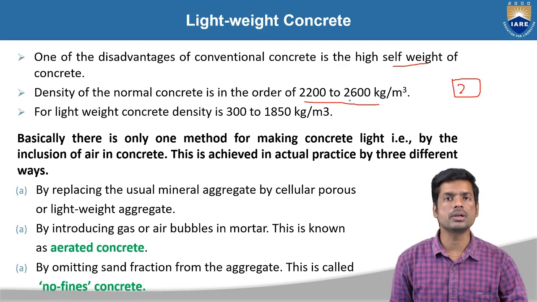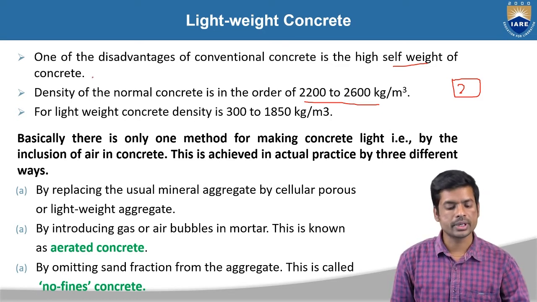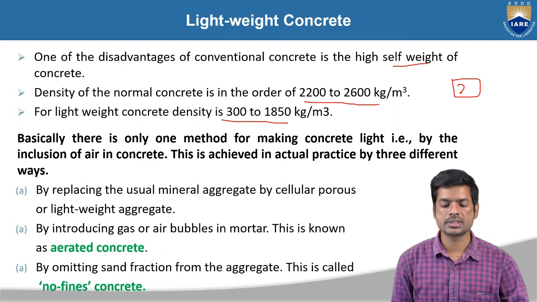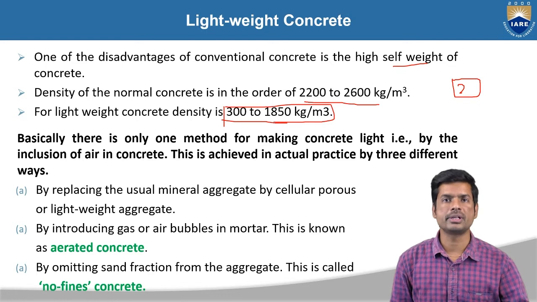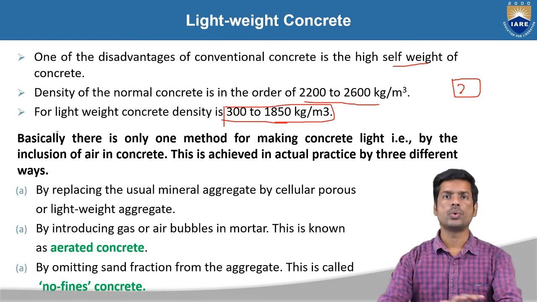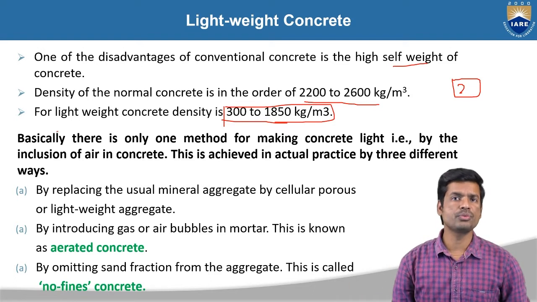Lightweight concrete density is around 300 to 1850 kg per meter cube, almost half of the normal concrete density. This is the reason we use lightweight concrete to prepare lightweight structures in construction.